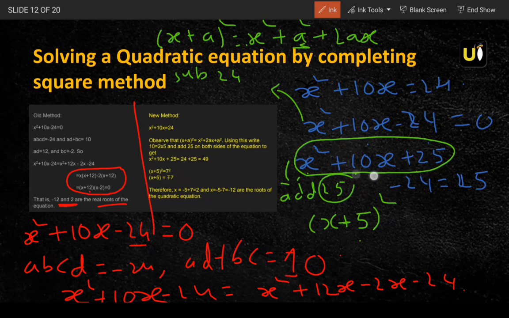So x plus 2 whole square is equal to 16. That implies, let me erase something here.